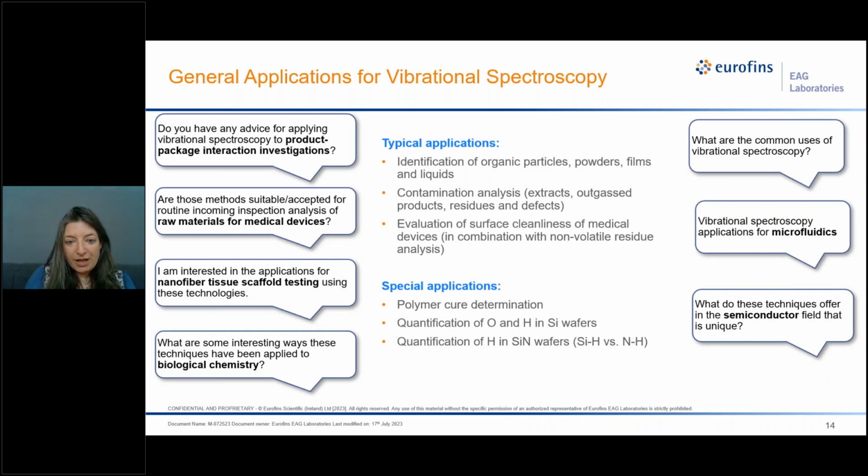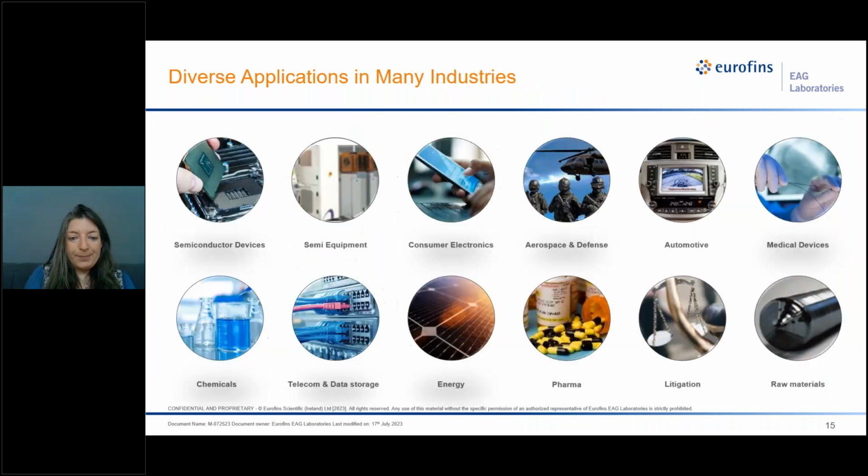There are some very specialized applications, such as determining polymer cure with FTIR or Raman. You can do quantification of oxygen and hydrogen in silicon wafers, or quantification of hydrogen in silicon nitride wafers. And these are wonderful for semiconductor applications. I will end my portion by just saying these techniques can be used for a variety of industries.